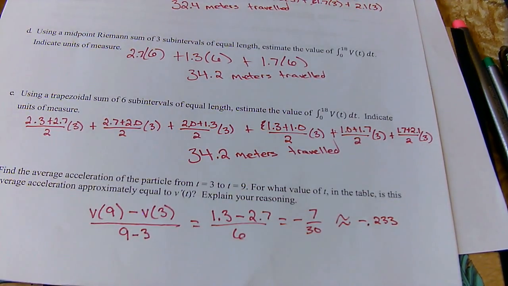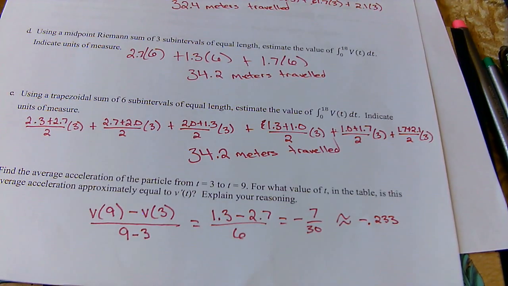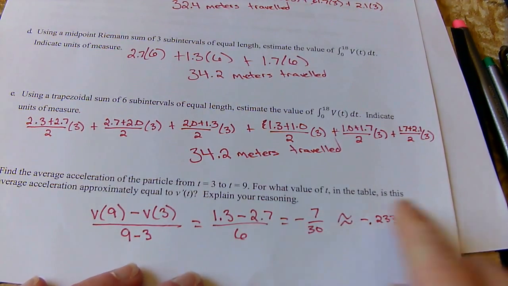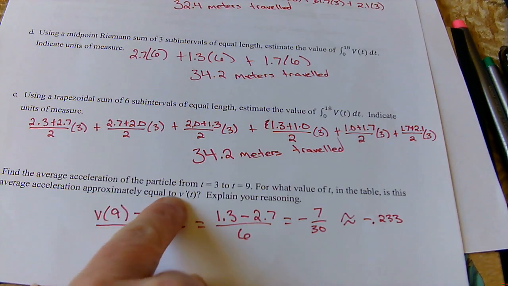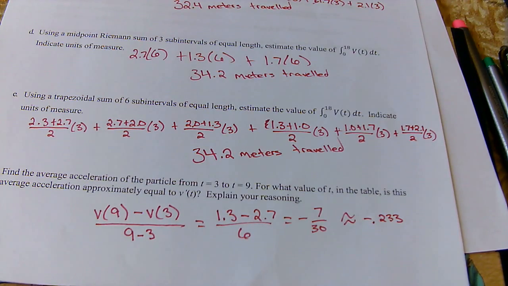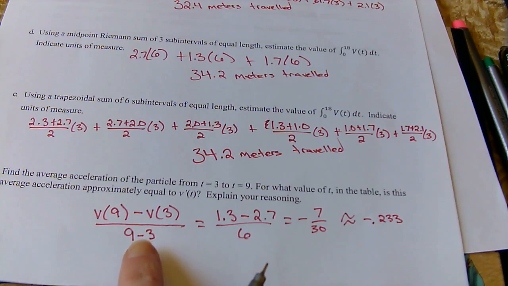So where in the table would we have this? Where in the table is this average acceleration approximately equal to v prime? Okay, so v prime means instead of us finding the slope of a secant line, we're finding the slope of the tangent line. It's instantaneous velocity.